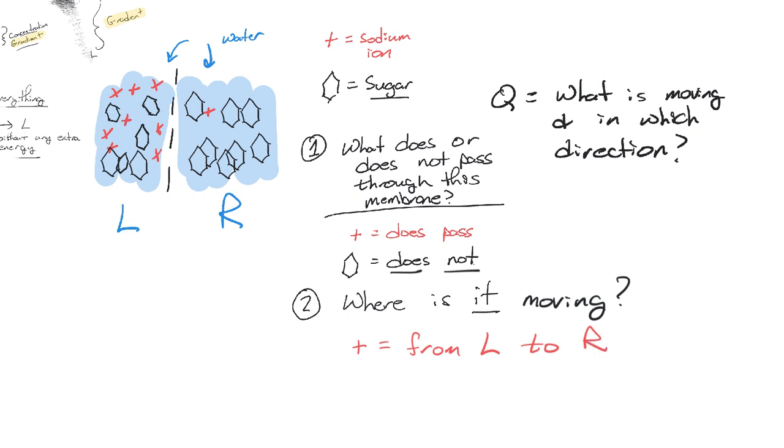Correct? Now, why is the salt moving and not the sugar? The sugar can't fit. The salt can. This is not a membrane. You said the sugar can fit. The sugar cannot go through. We said that, didn't we? We all agree that we said that a minute ago?